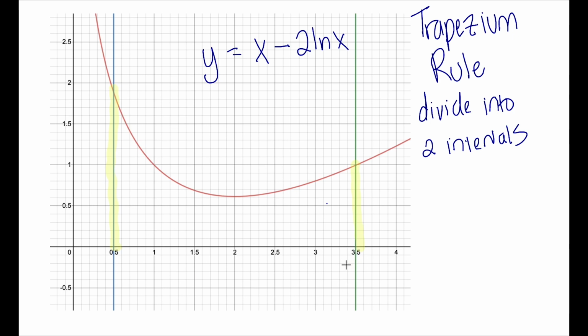So you can go ahead and average those. Added together, it's 4. Divided by 2 is 2. So here's my other interval. This is what we would do if we didn't know how to integrate, just to make a guesstimate.